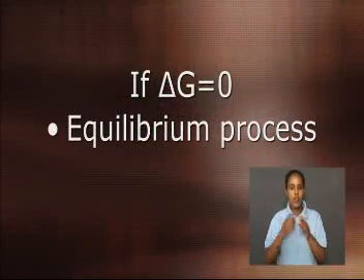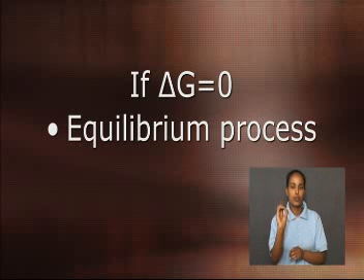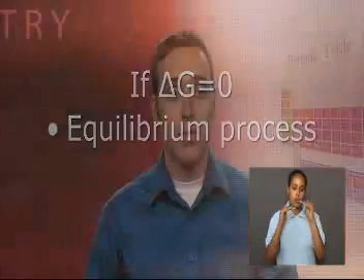This happens when the temperature has a small value. Finally, if the change in Gibbs free energy is 0, then the process is at equilibrium. In this situation, there is no driving force to push the reaction in either direction.